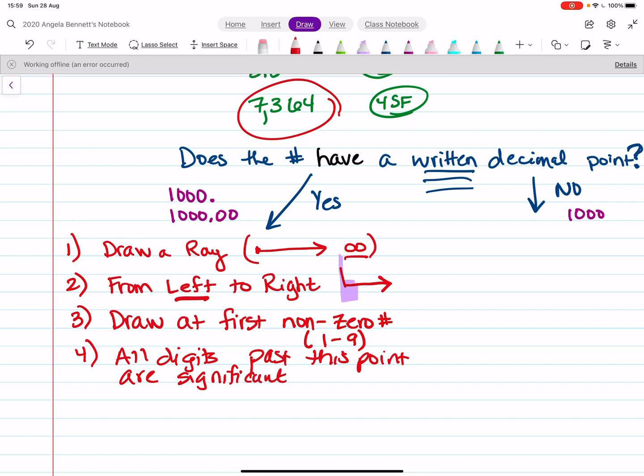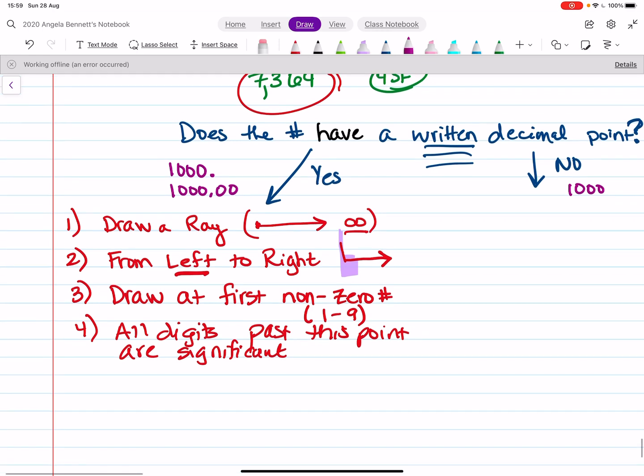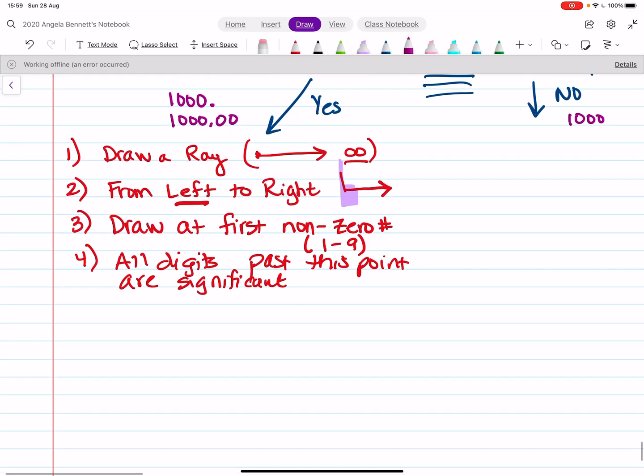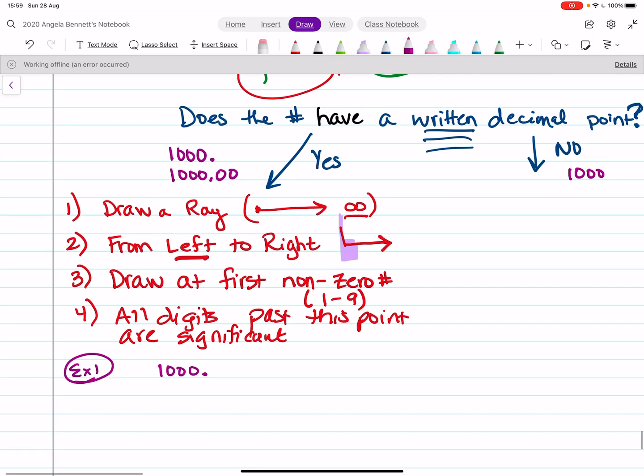All right, we'll do the two that I wrote up at the top. I'll bring them down here at the bottom, and then I'll give a couple more examples. Example 1, we had this number. I've identified yes, it has a decimal point that is written in the number.